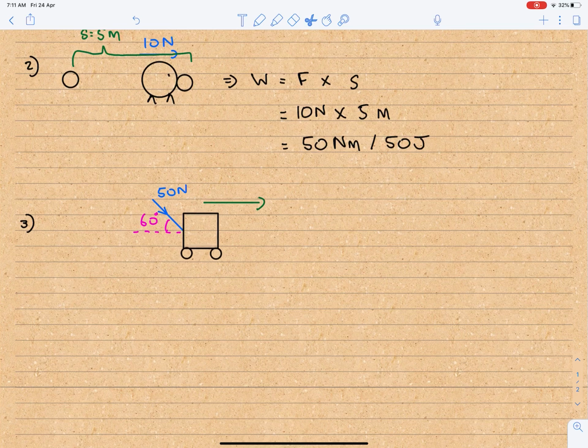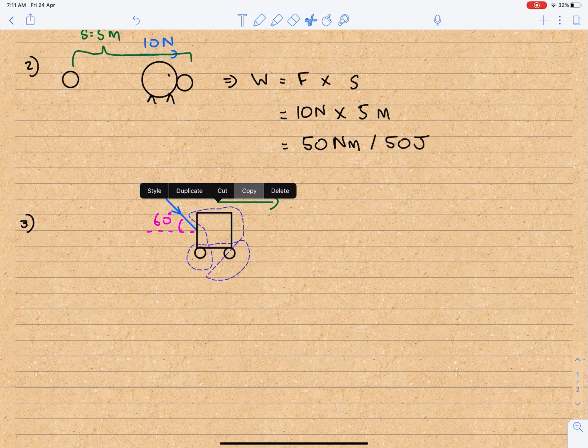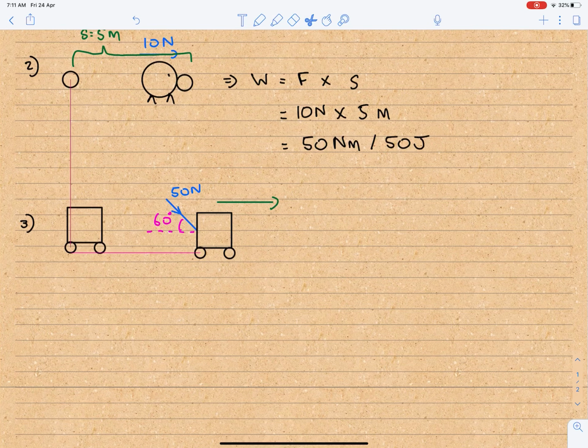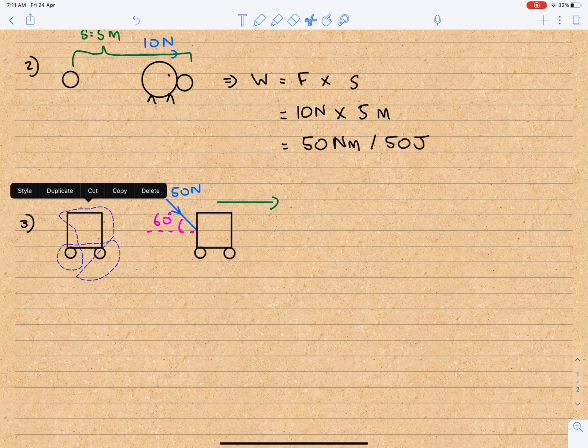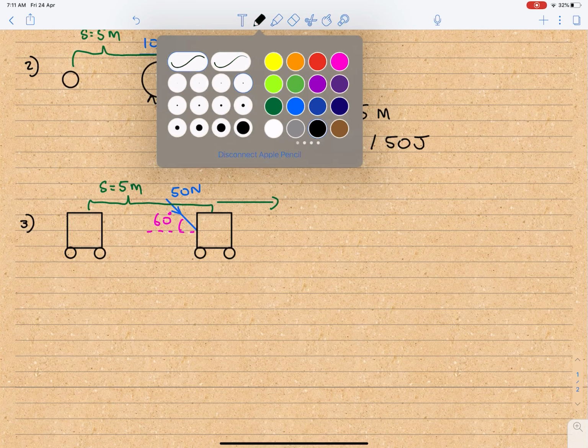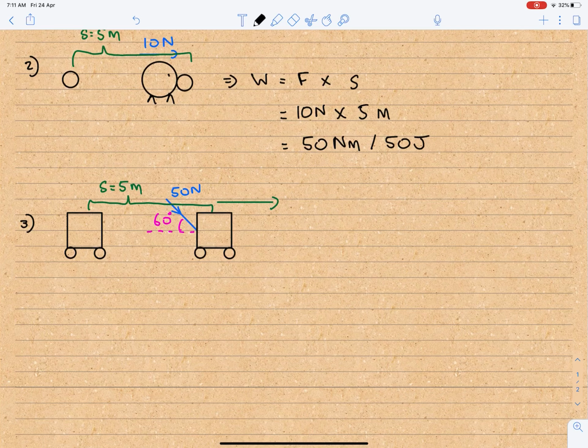Let's say the trolley moves for 5 meters in that direction, the displacement is equal to 5 meters. So what is the amount of work done by the person?